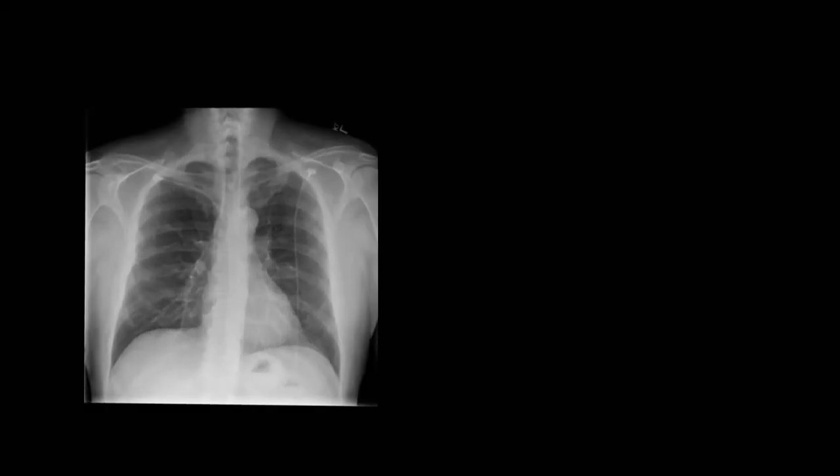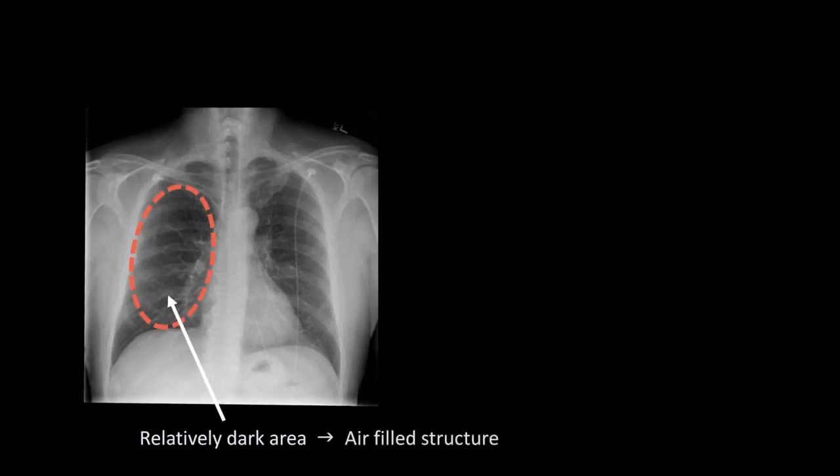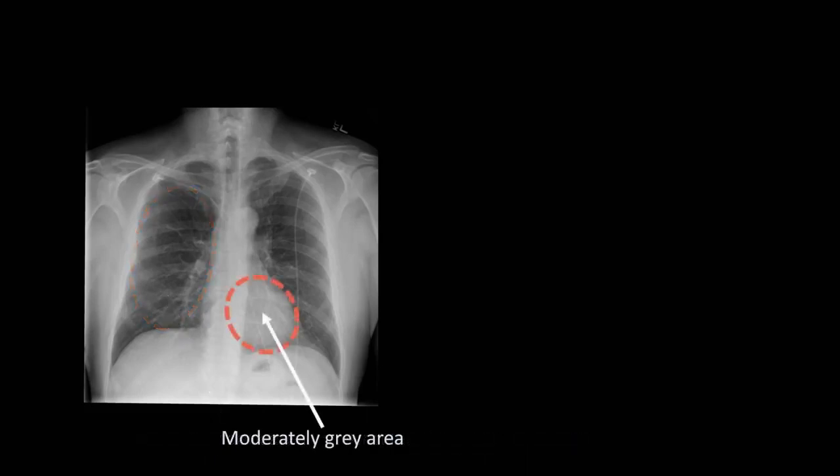From the pattern of white, black, and gray, we can infer things about those chest structures. For one, this area here, because it is generally relatively dark, it must correspond to an air-filled structure, a lung. This area here, which is a medium gray in brightness, must correspond to a structure composed of either fluid or soft tissue, in this case the heart.